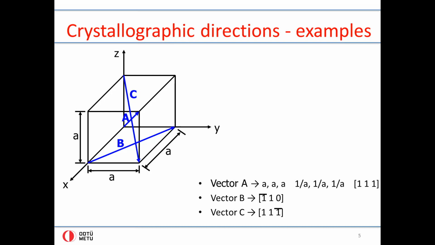Now, however, if I ask you the angle between the two directions B and A, this would be tricky to do, because any angle between two vectors within the unit cell that is not 90 or 45 or something special is going to be difficult to calculate.